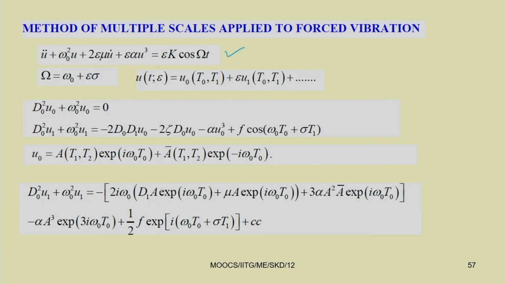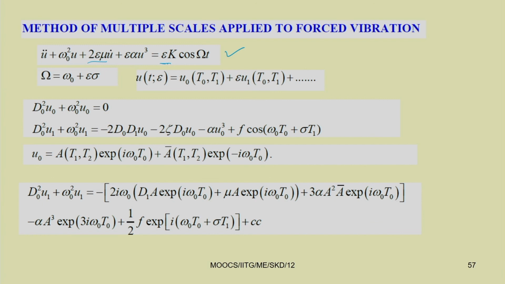As the forcing contains a term epsilon to represent weak forcing, we are using the term epsilon. Similarly, here also we have used the damping to be weak, that is one order less than that of the linear term. So the damping, the cubic nonlinearity and the forcing term are considered to be weak.